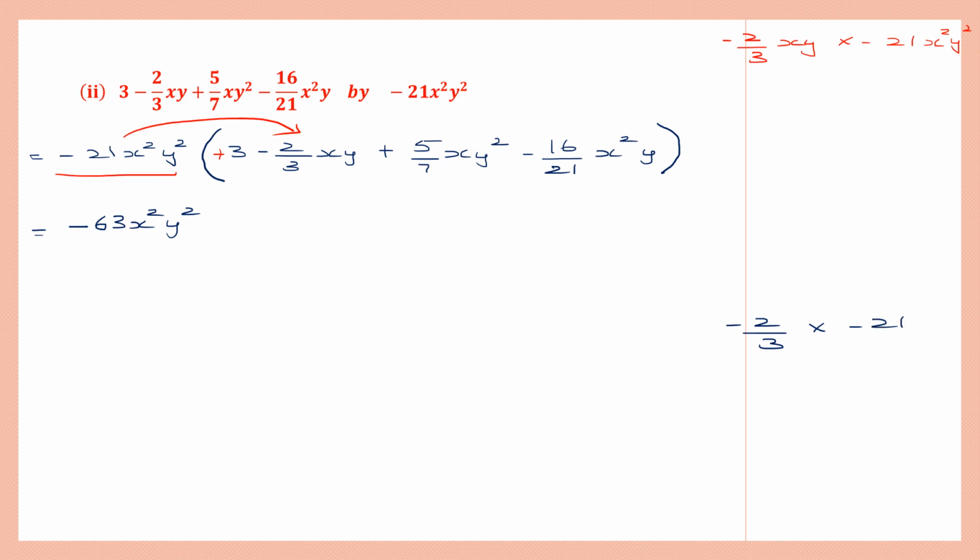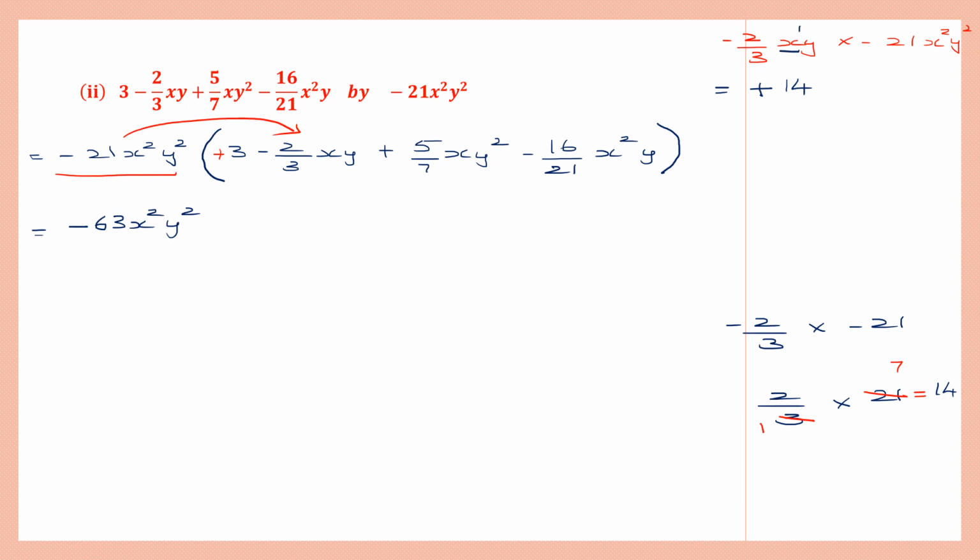So here we have minus into minus plus. So first thing is the sign is plus. Now let's take only the numbers. So 2 by 3 into 21. This is multiplication of fractions. You can cancel. 3 ones are 3, 3 sevens are 21. Now you multiply, 2 sevens are 14. So the number here is 14.